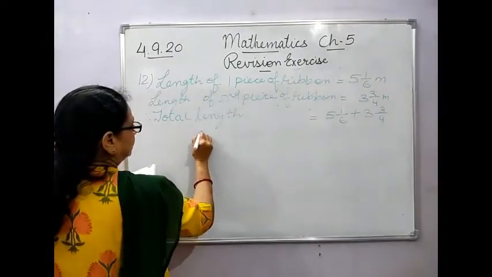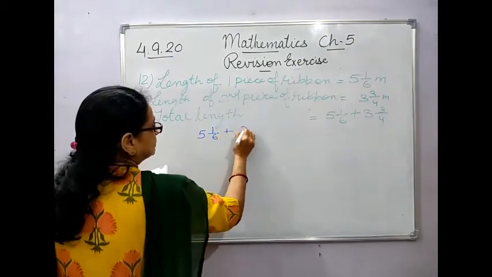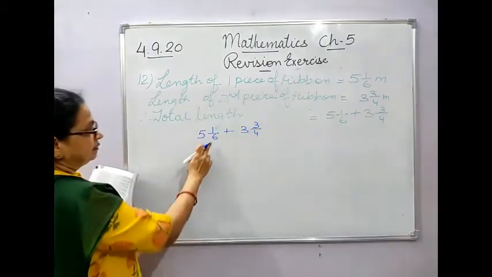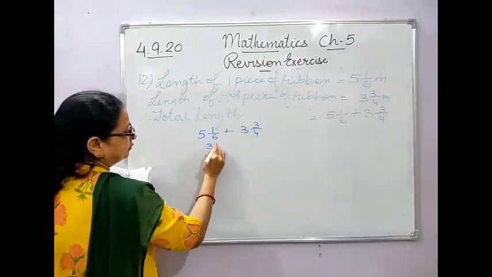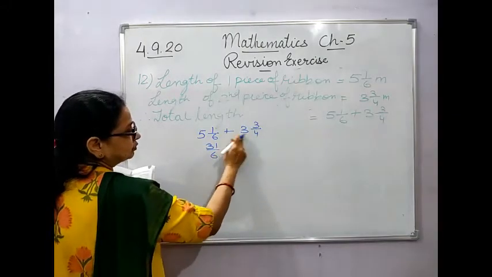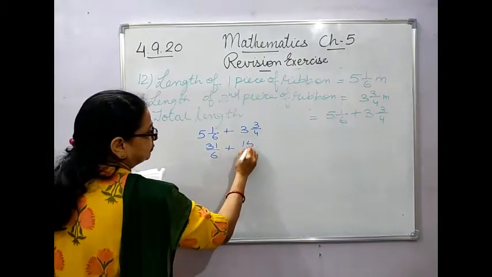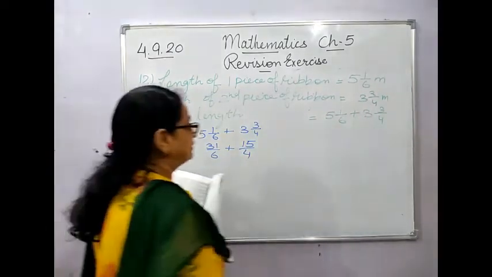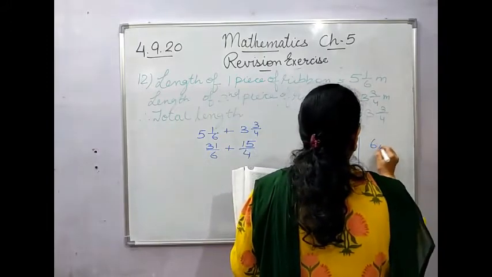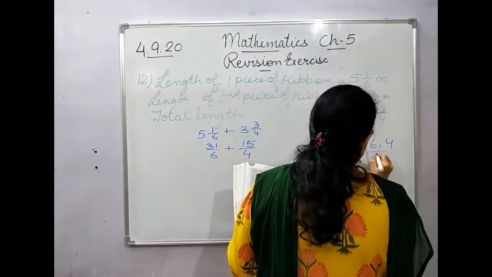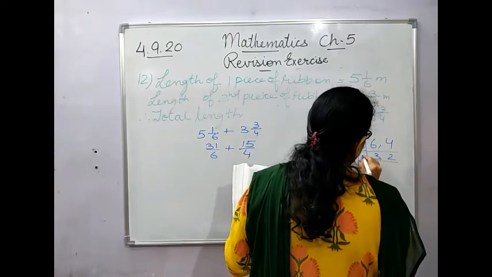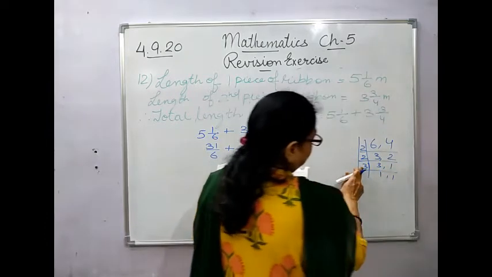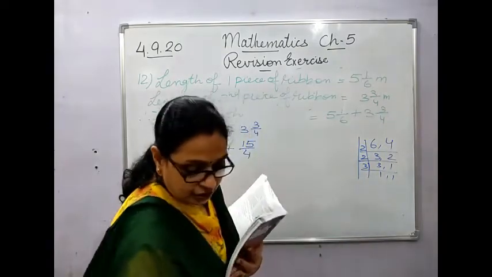So 5 1/6 plus 3 3/4. First we will convert it to improper fractions. 5 sixes are 30 and 1, 31 upon 6, plus 4 threes are 12 and 3, 15 upon 4. Denominators are different, so we'll take the LCM. 2 threes are 6, 2 twos are 4, 2 ones are 2, 3 twos are 6 and 6 twos are 12.